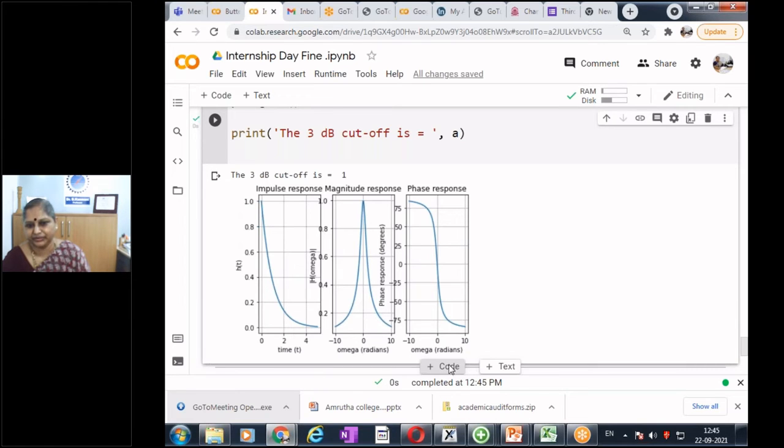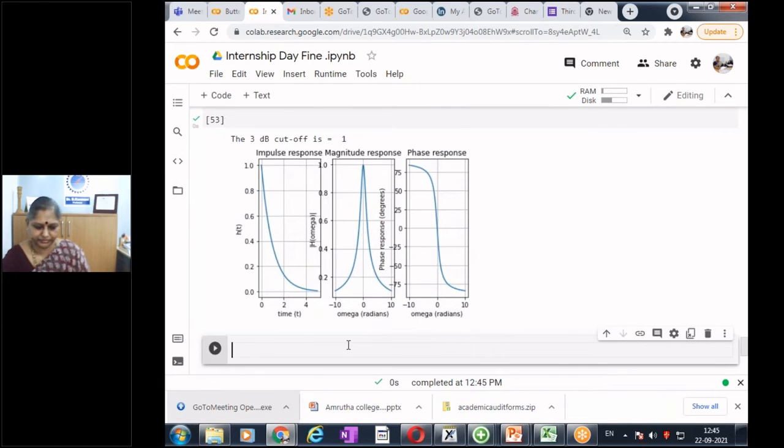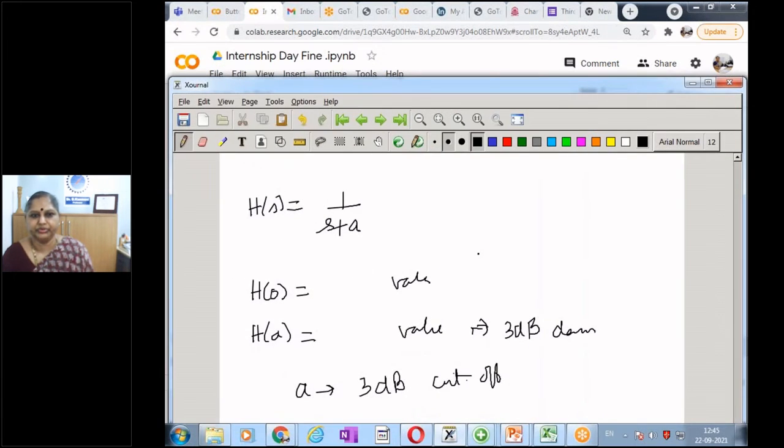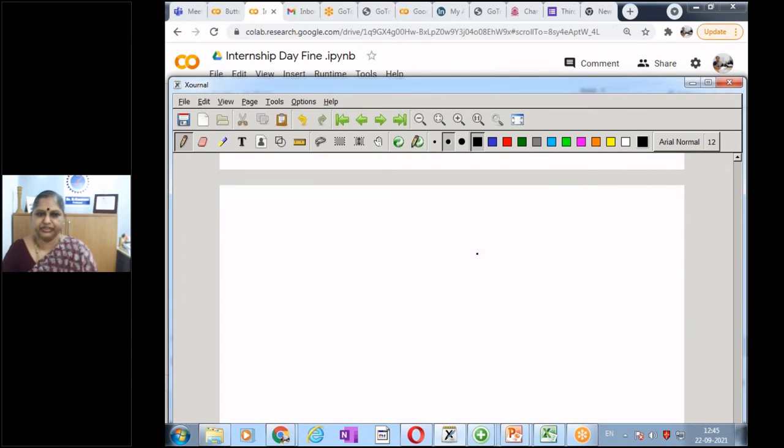Now let us compute H of omega at some value. We have seen how to plot the magnitude and phase response. H of omega is given by 1 by a plus j omega.